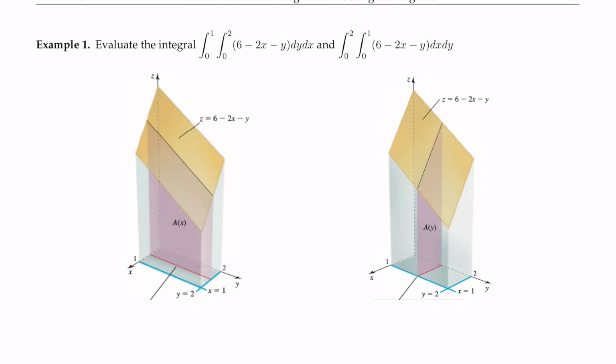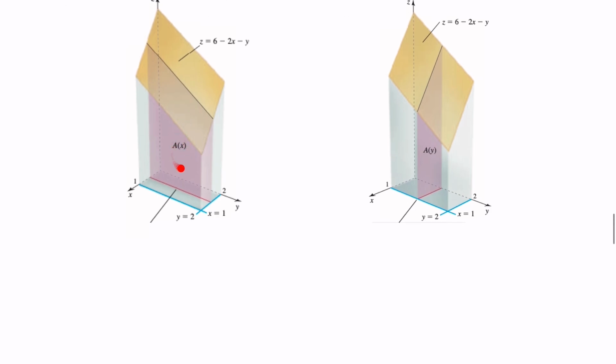Now, if you want to evaluate the integral with respect to y first and then with respect to x, we follow the approach of iterated integrals. That is, we're going to hold x constant and evaluate the inner integral with respect to y. You see in the purple here, this is a line at a fixed value of x.